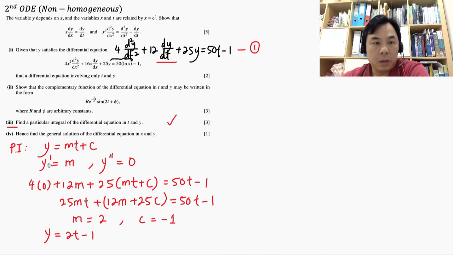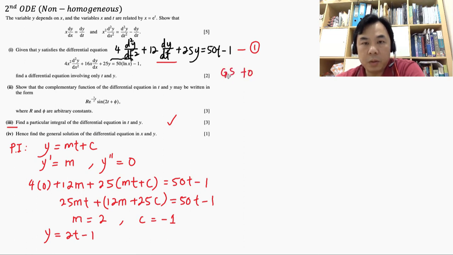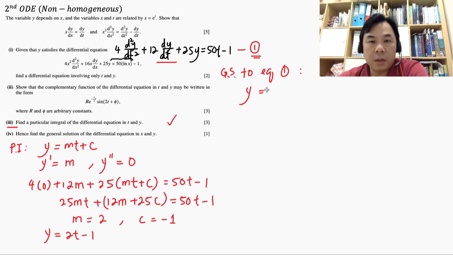Okay, now let's move on to the last part. Hence, find the general solution to the differential equation in x and y. Now, I'm going to write down the general solution to equation number 1 here, which can be written as a combination of the complementary function and its particular integral.